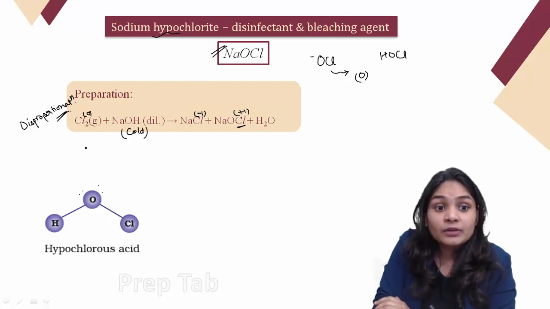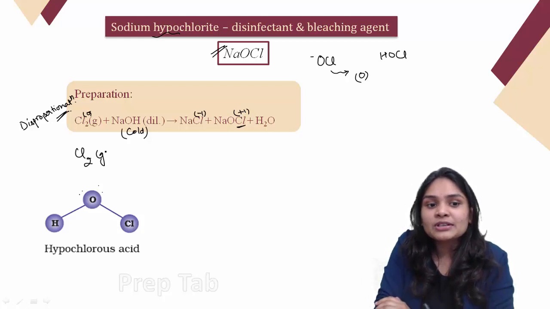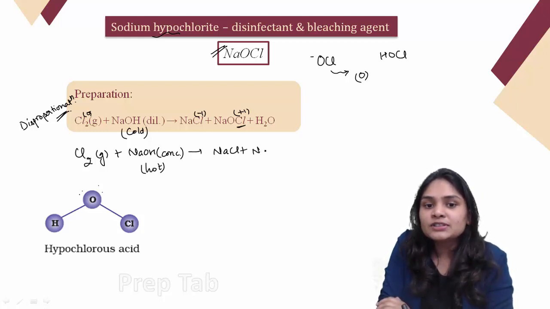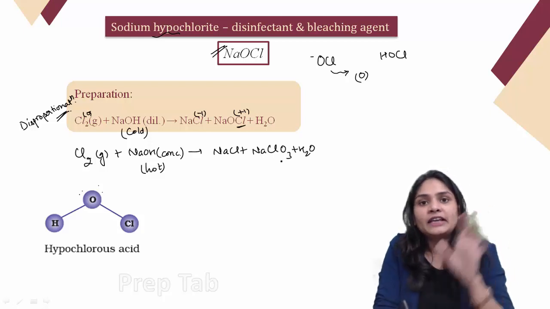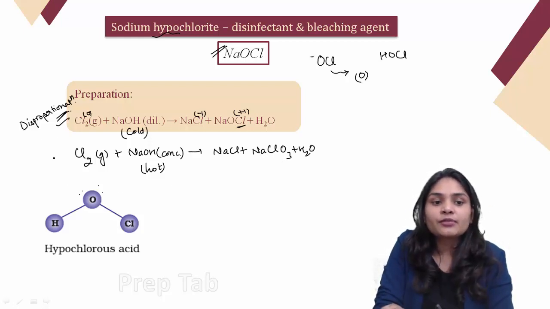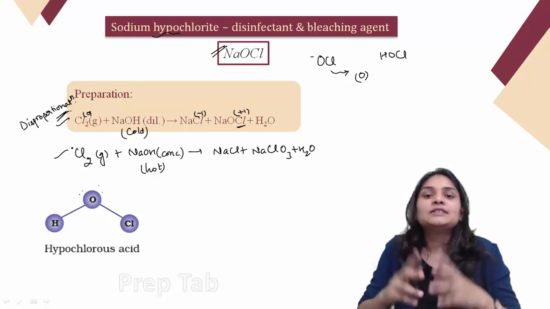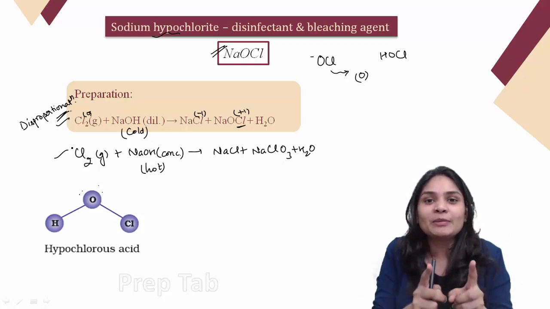Along with this I'll also give you one more equation. What if NaOH was concentrated and hot? So instead of getting NaOCl, you are going to get NaClO3 and water along with NaCl. These two are the favorite reactions of JEE and NEET examiners, so do remember this.